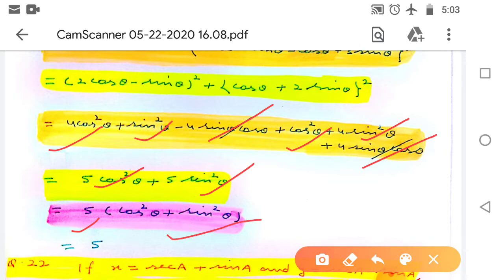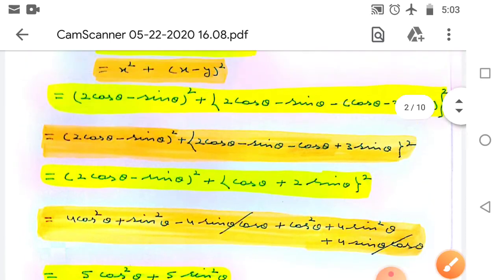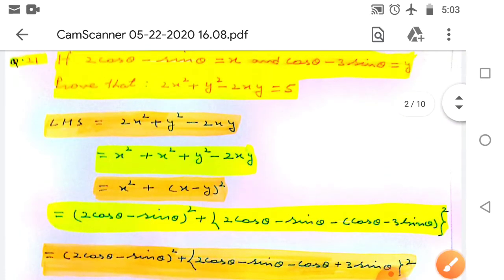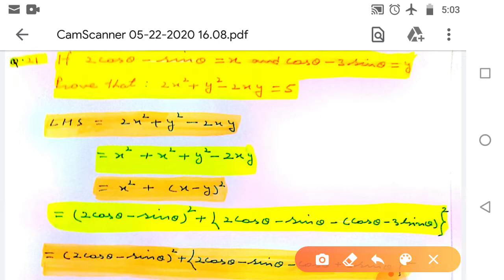So, ultimately it becomes 5 times cos square theta plus sin square theta, and we know cos square theta plus sin square theta is 1. So, 5 into 1 is 5, clear. Hence proved that the value of 2x square plus y square minus 2xy is equal to 5.